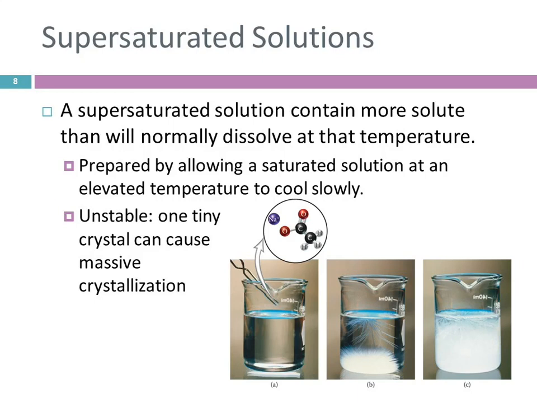If you heat the solution, you raise the solubility. So if you make a saturated solution at an elevated temperature and then you let it cool down, some solutes will form a supersaturated solution. As the temperature comes down, the solubility decreases.